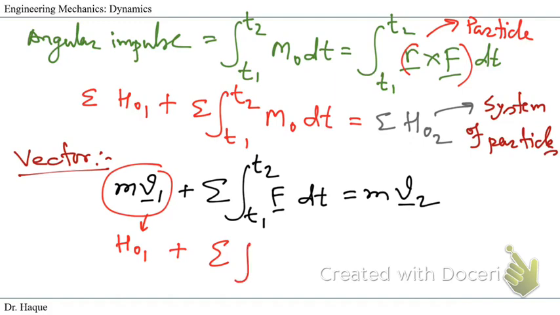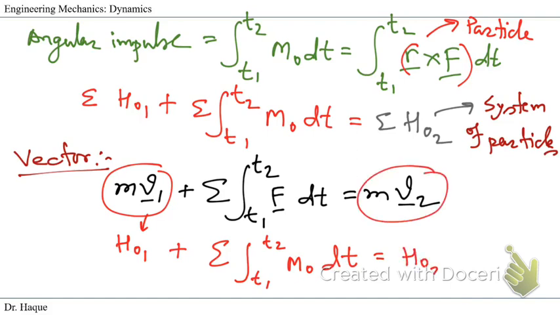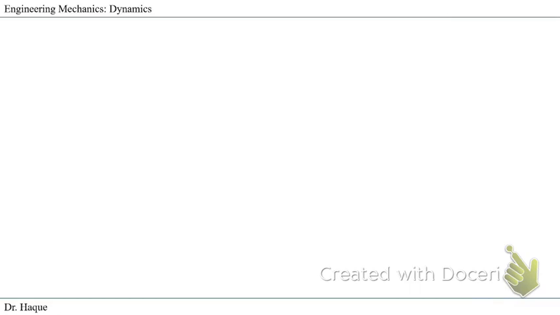So instead of just impulse, we will have, from T1 to T2, the moment integral dt, and instead of a linear momentum, we will have angular momentum at time t2 with respect to origin or any point O. So this is our first equation, this is our second equation, and these are the vector forms of our principle of angular impulse.